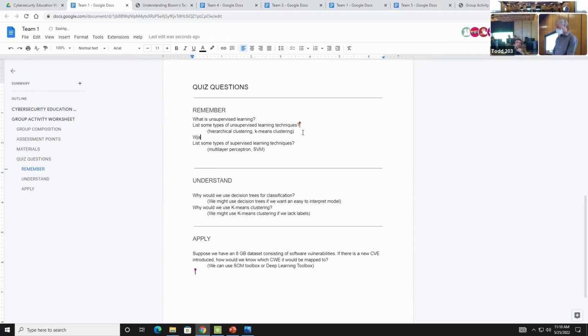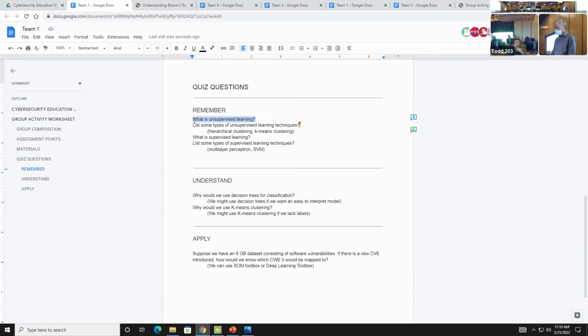What is question? With what is, you're kind of asking them to describe unsupervised or supervised learning. I think those might actually fall under understanding, when you're getting beyond just recalling.